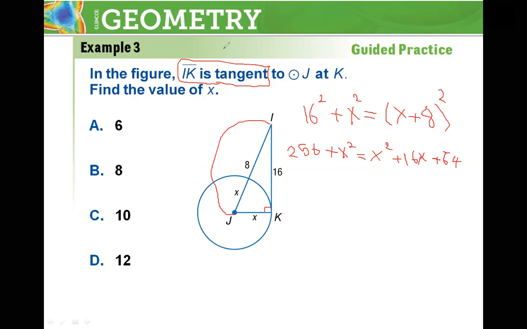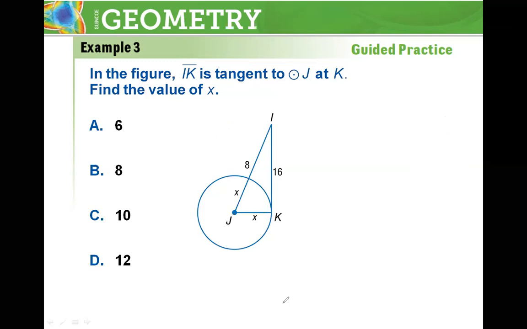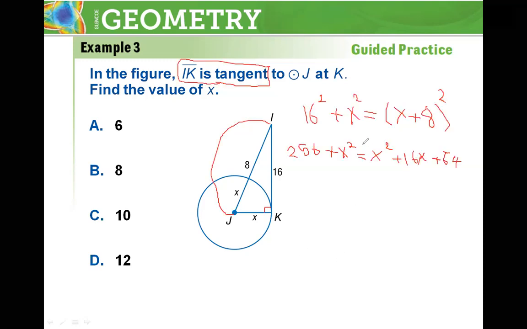Amazing, thanks. I'll complete with Abdullah El Gurney. Abdullah, complete. We will cancel x squared with x squared. The remainder is 16x plus 64 equals 256.